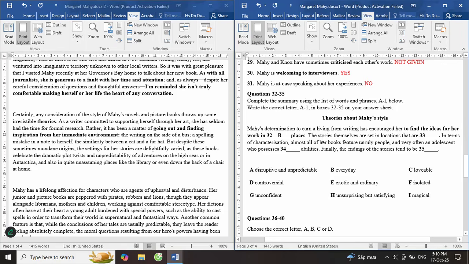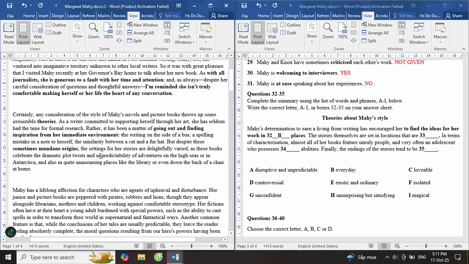Number 33, the stories themselves are set in locations that are. Here they say that despite these sometimes mundane origins, the settings for her stories are delightfully varied. For this number 33, there are quite difficult words, right?